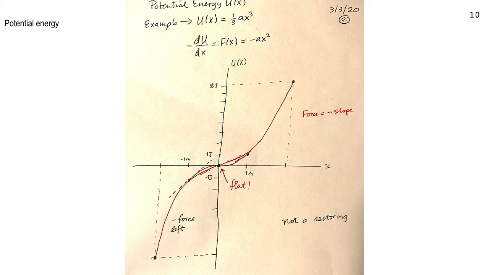And so my result is minus 7 Newton meters. And that's the same as minus 7 joules. And also the same as minus 7 kilogram meters squared per second squared.